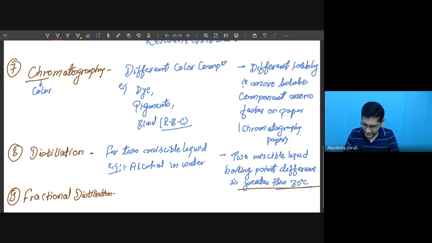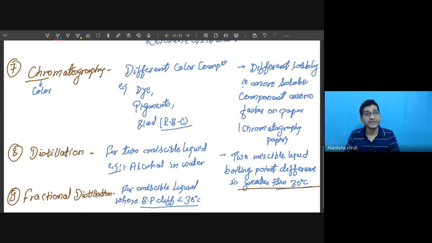Okay, students? तो आप इसे जरा बिल्कुल ही मन से ध्यान में रखें. So it is also for miscible liquids but whose boiling point, BP, difference is even lesser than 30 degrees. यदि बॉइलिंग पॉइंट का डिफरेंस 30 डिग्री सी से कम है तब हम इसे यूज करते हैं.